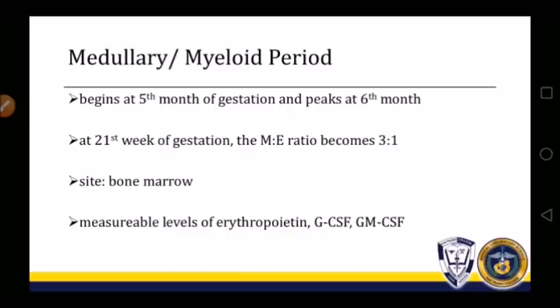So, kani sila nga mga proteins mentioned, erythropoietin, GCSF, GMCSF, are proteins that stimulate the hematopoietic cells or the blood-forming cells in the bone marrow to produce a specific blood cell type. So, example, si erythropoietin will stimulate the erythrocyte progenitors to produce erythrocytes.